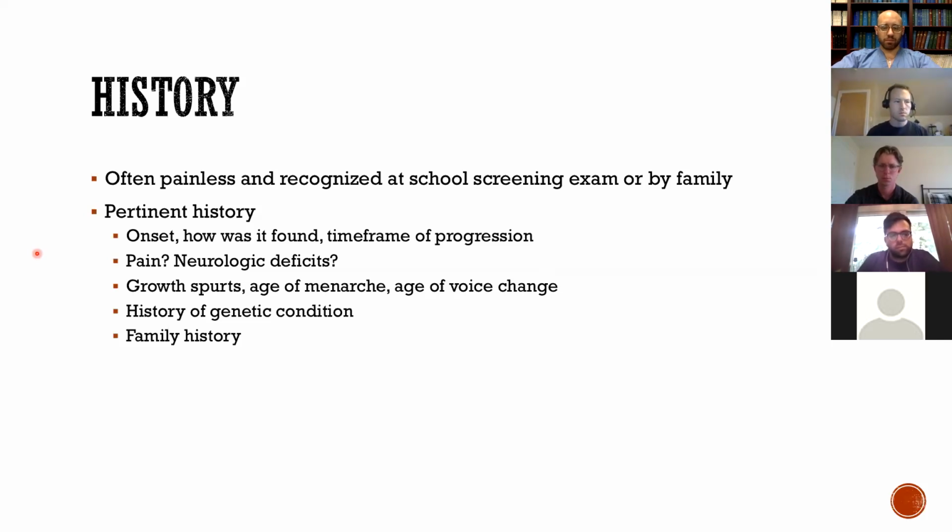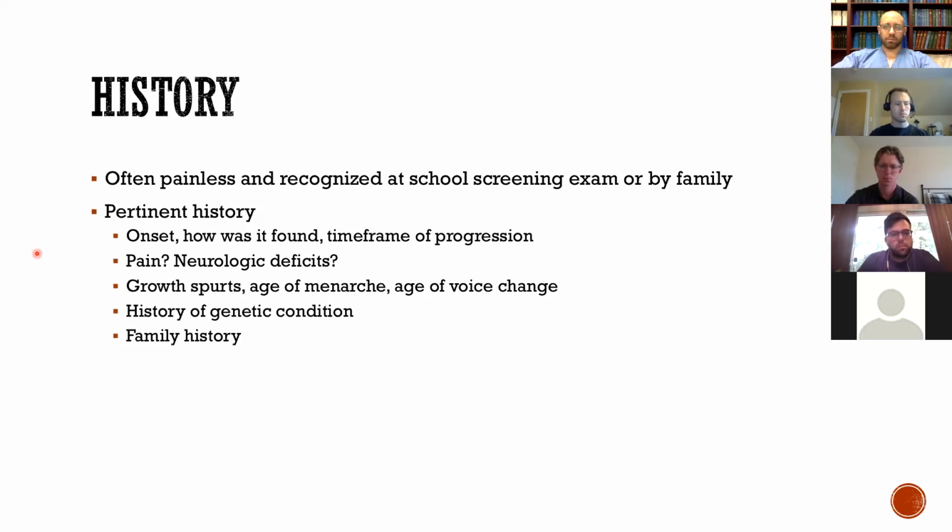The faster you're growing, the more likely you are to progress. So that's really important. You need to ask about pain, or if they have any neurologic deficits. Typically, scoliosis is painless and you shouldn't have neurologic deficits, so you have to think of other things if you see weakness, numbness, and tingling. You're all advanced medical students, so you know those things.